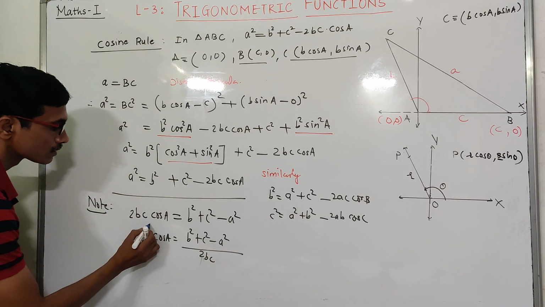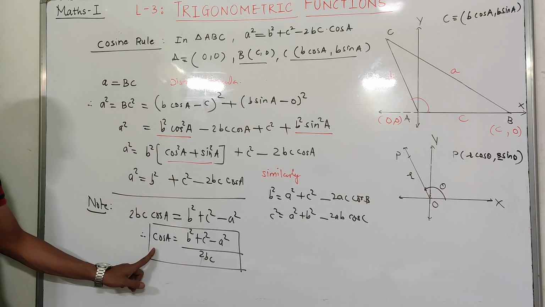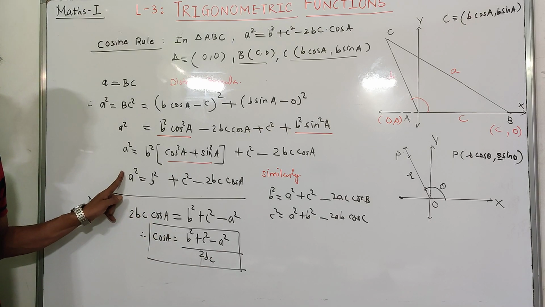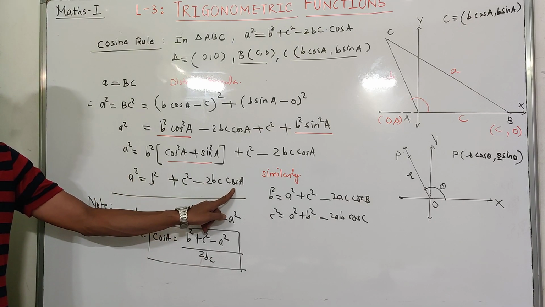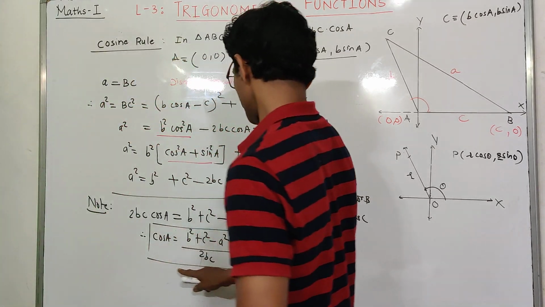So this is a different form of the cosine rule. So cos A is equal to b square plus c square minus a square upon 2bc, or a square is b square plus c square minus 2bc cos A. In this other form we can write the cosine rule.